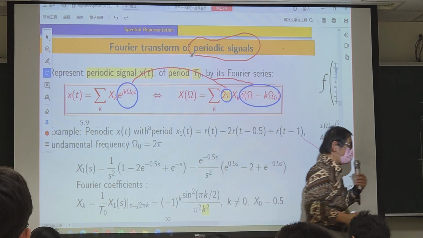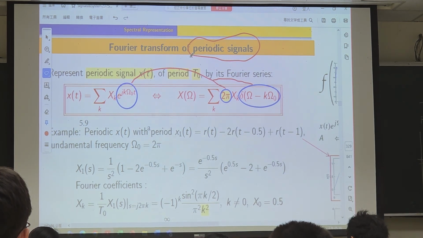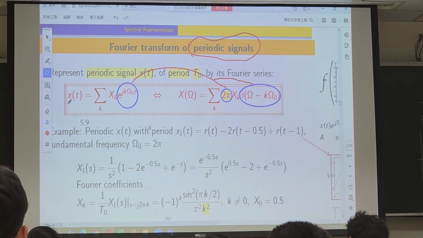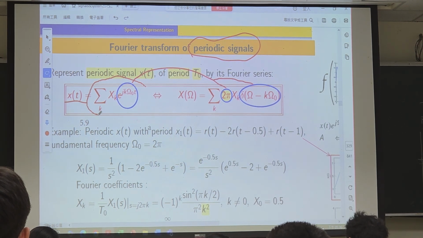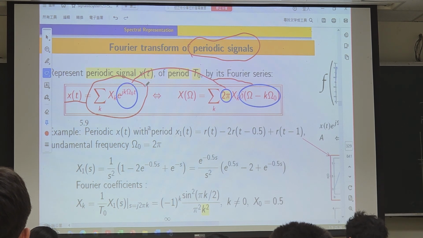We still can do that because remember that the periodic signal x of t can be represented by using the Fourier series expansion. So we take the Fourier transform of x of t, no matter what, by using the Fourier series expansion. We still can do that.